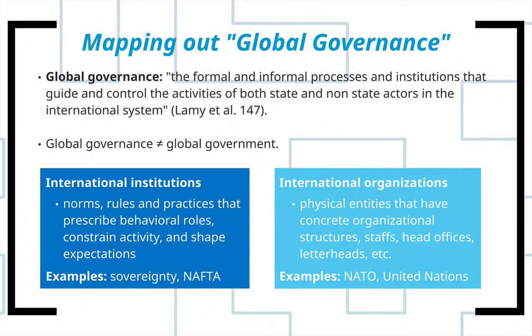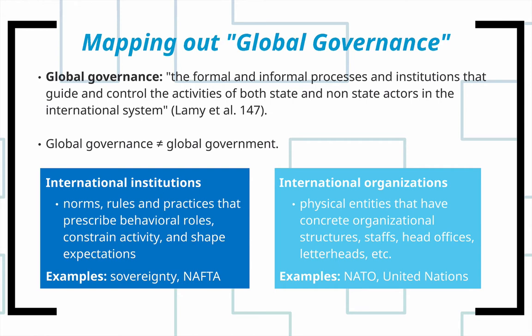To start, I want to map out something called global governance. That term came up in our discussion of the liberal theoretical framework, and they put a lot of emphasis on global governance. So I wanted to define it for you and just talk a little bit about what it is, because the UN is one setting that proponents of global governance kind of single out as very important.